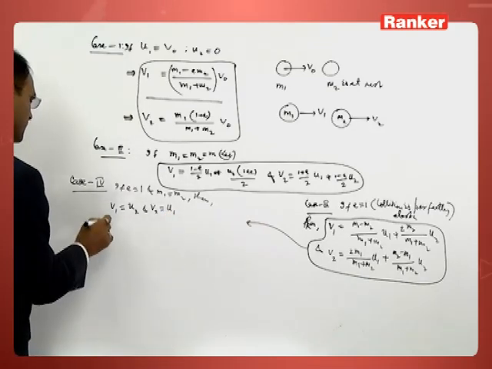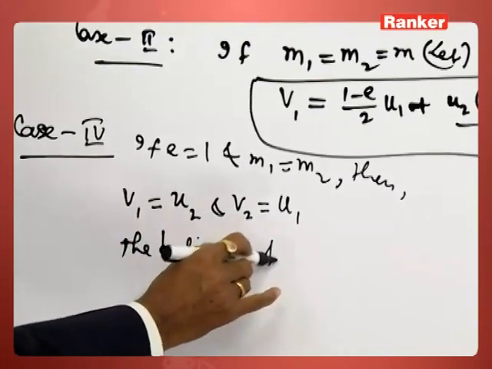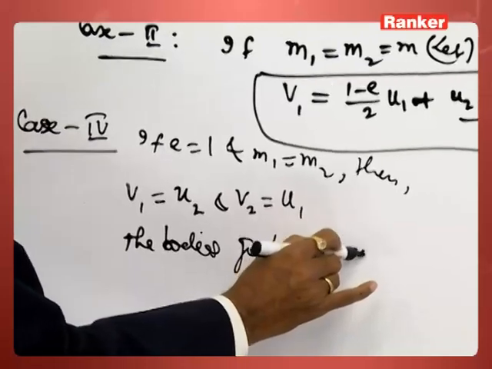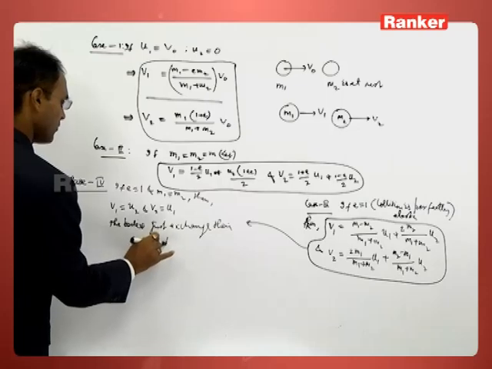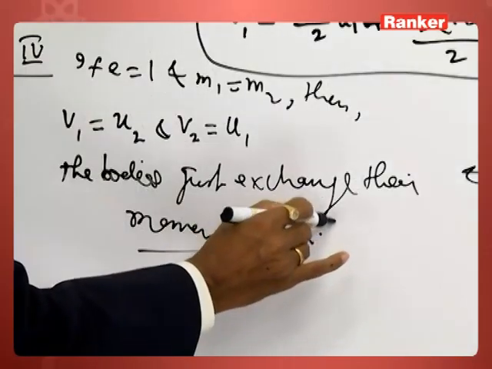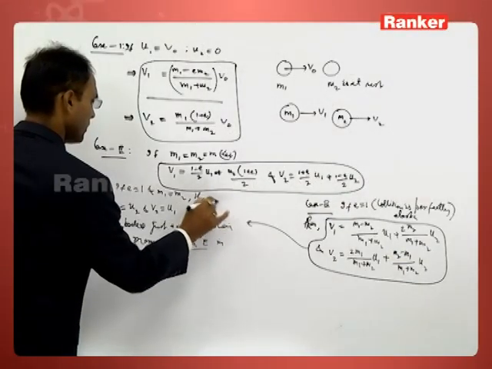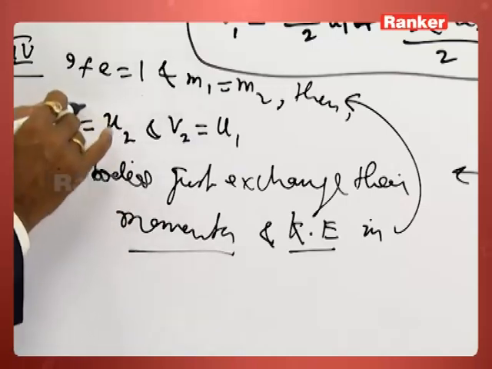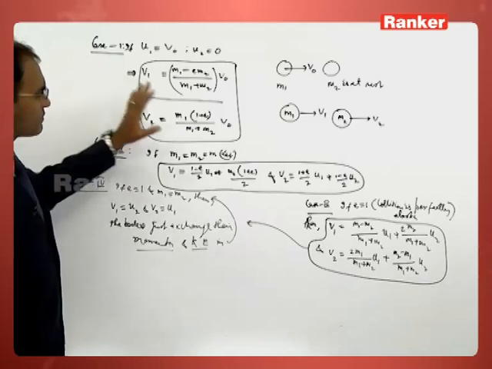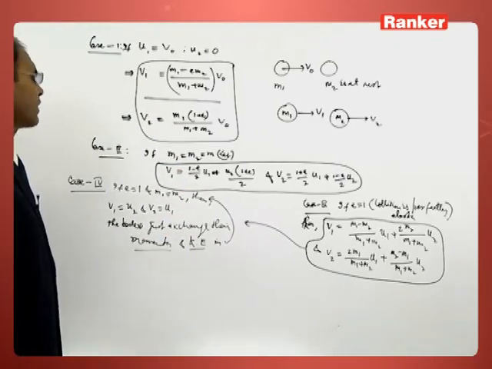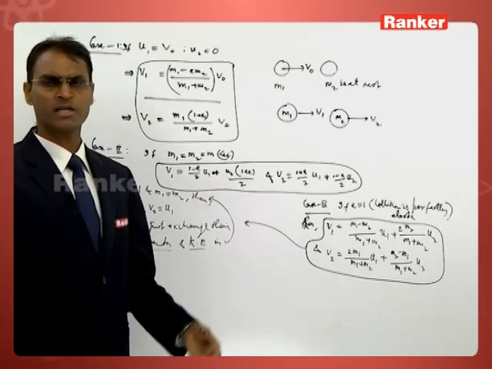So, we can write that the bodies just exchange their momenta and kinetic energy in a perfectly elastic collision when the masses are the same. So, these are some concepts we can derive from the master expression.